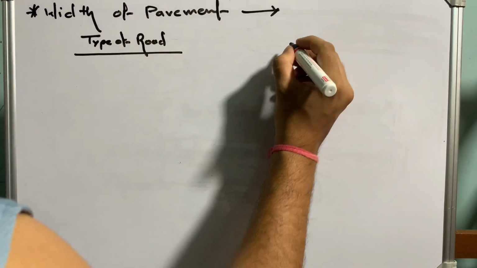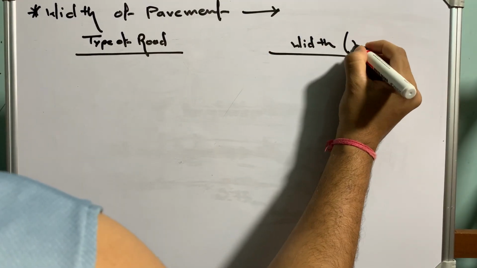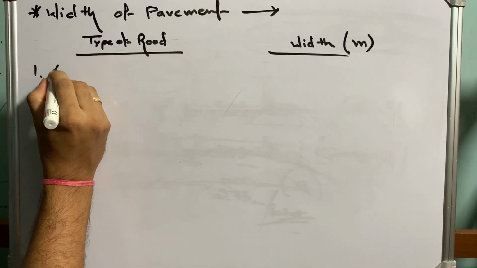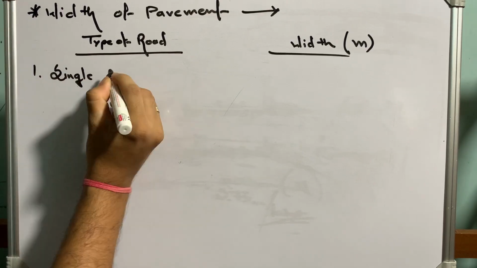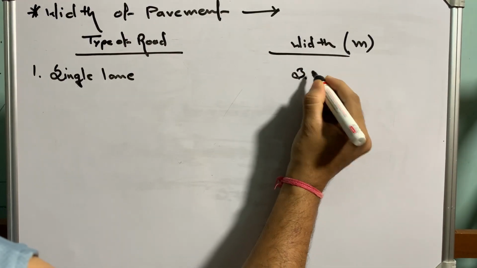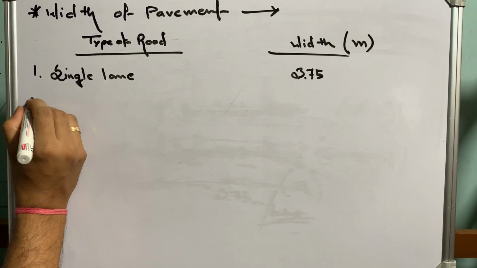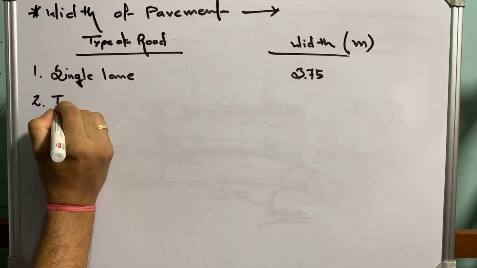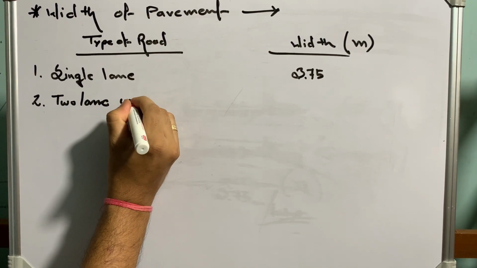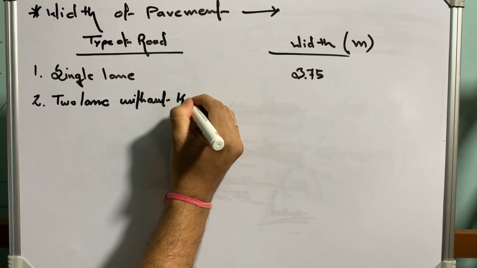There are different widths of pavement for different types of roads. The width will be in meters. The first one is single lane. As we already know, a single lane has a width of 3.75 meter. Then two lane without kerb. Without kerb means there is no barrier.